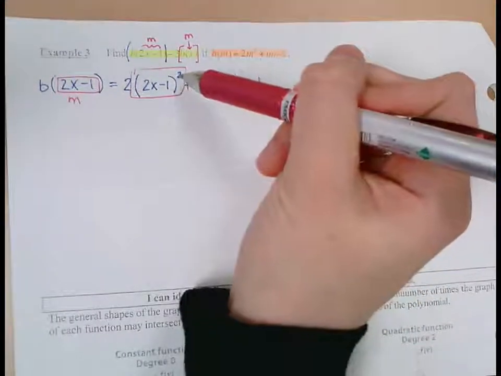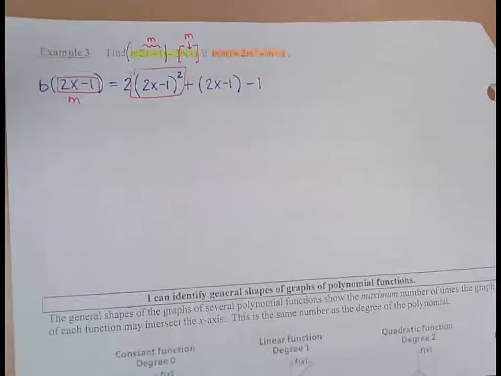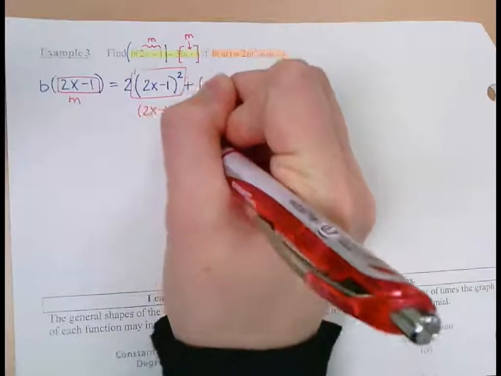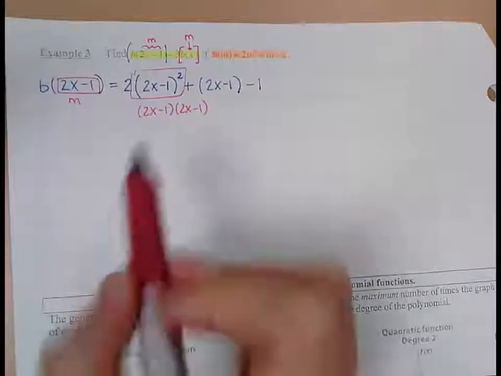No, the exponent is just on the 2x minus 1, not on this 2. So that 2 is just kind of hanging out right now. A power of 2 means it's multiplied by itself, like 3 squared is 3 times 3. So this means I have 2x minus 1 times itself. How do you multiply these?